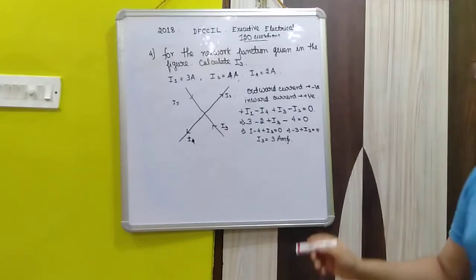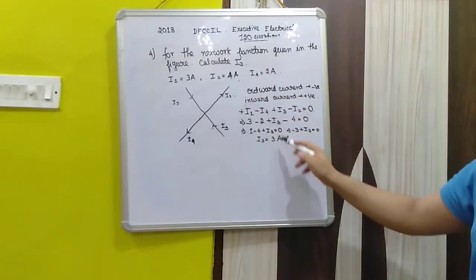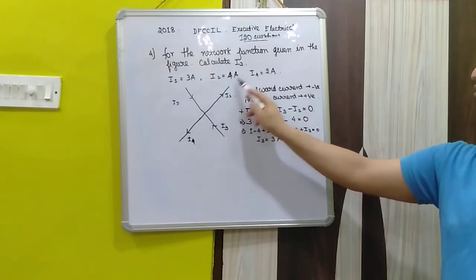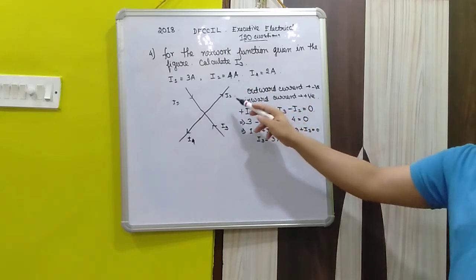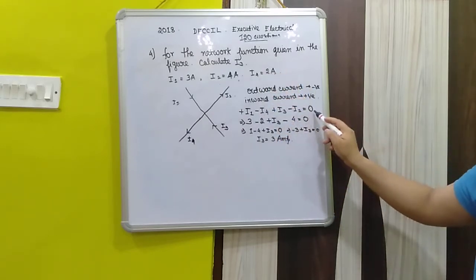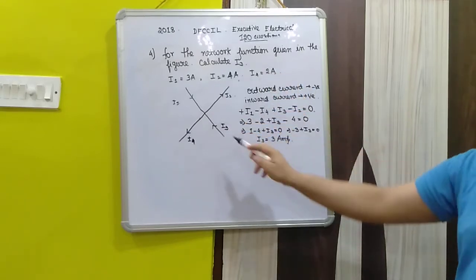So I hope you have understood how to calculate I3 from this circuit. The current going outward is taken as negative, the current going towards the node is taken as positive, and overall the summation will be equal to 0.